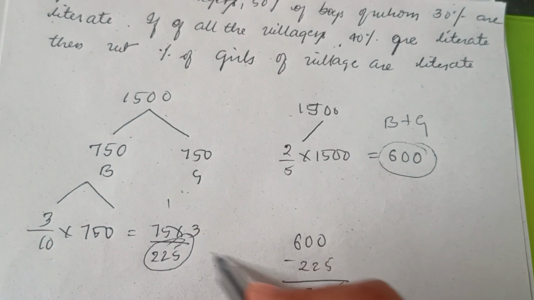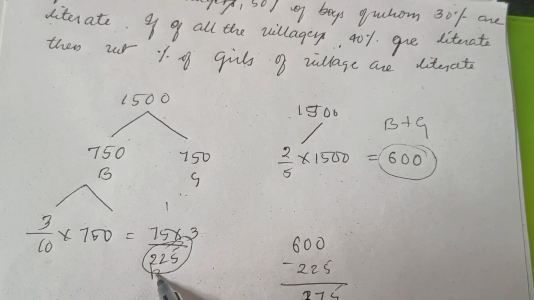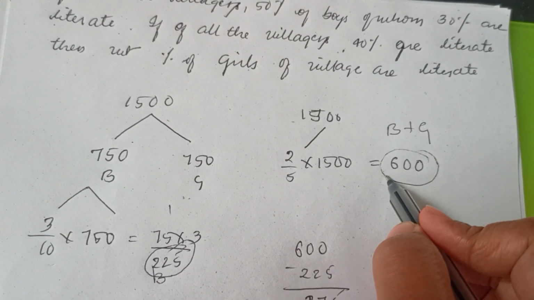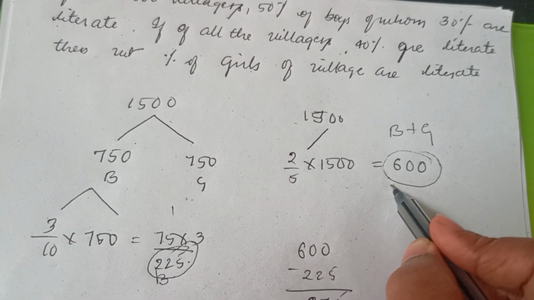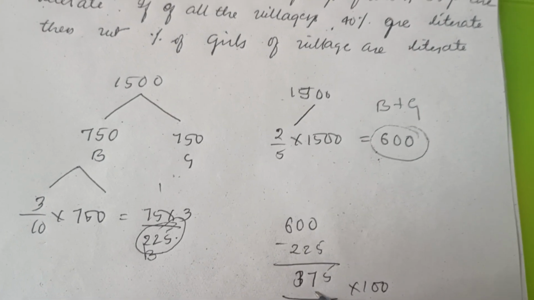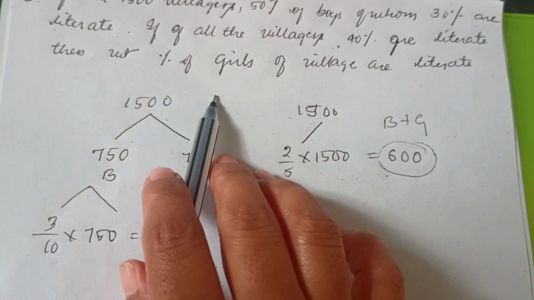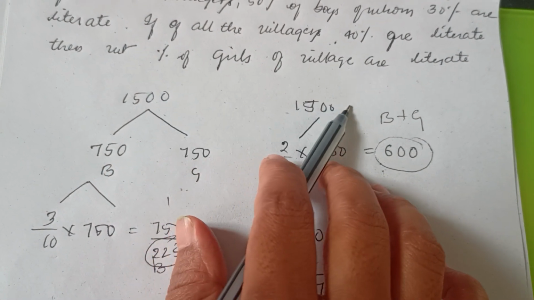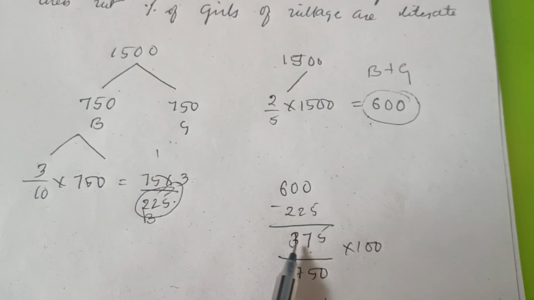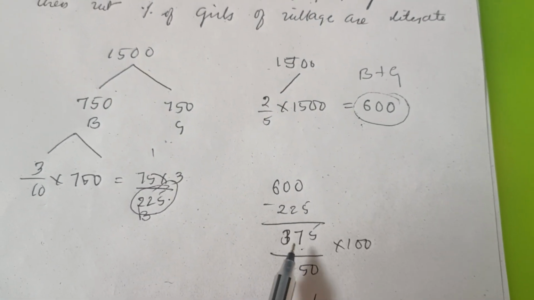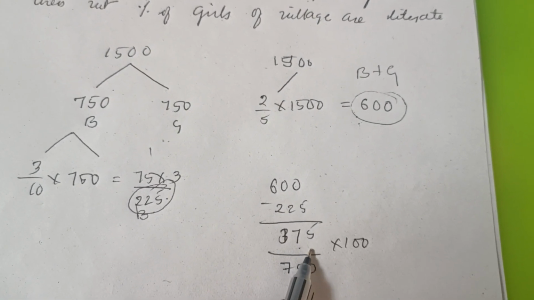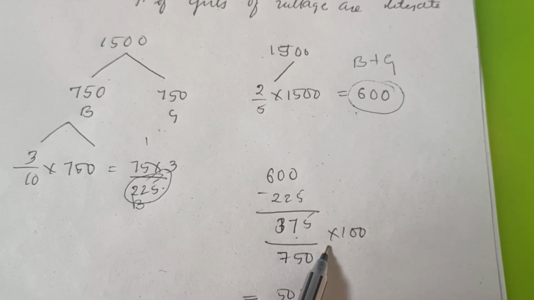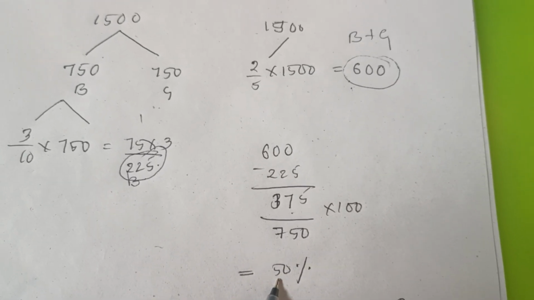Here we already have the boys. If I subtract 225 from 600, I will get 375, and we have to calculate the percentage of the girls of the villagers who are literate. So out of 750 girls, 375 girls are literate, so that should be multiplied by 100, then I will get 50%.